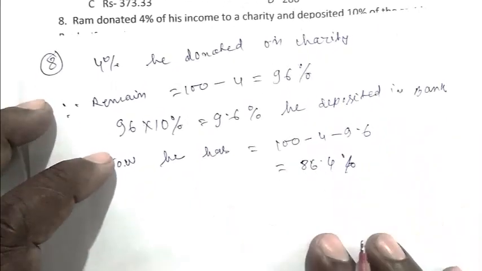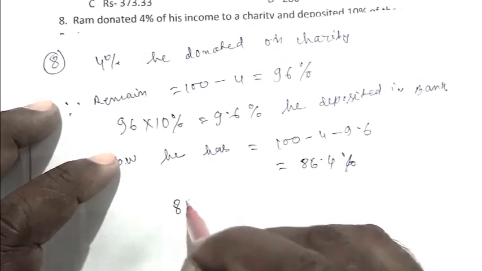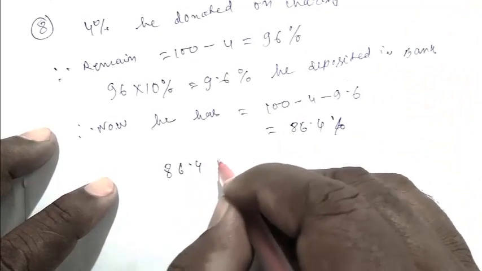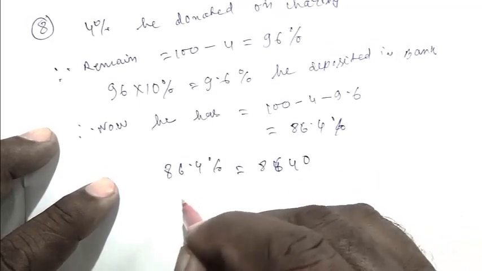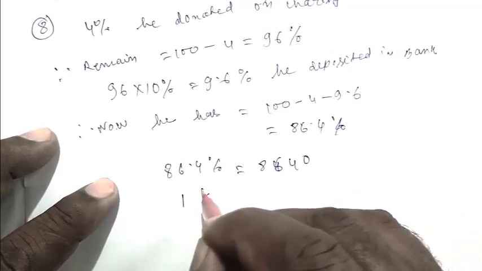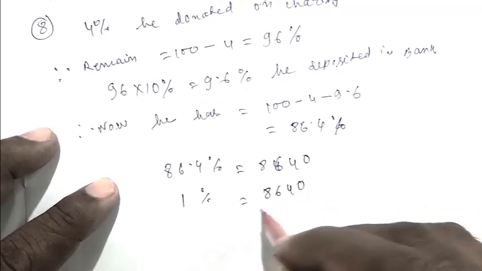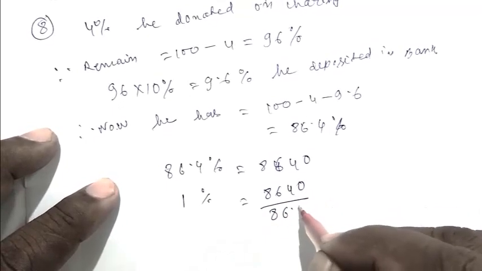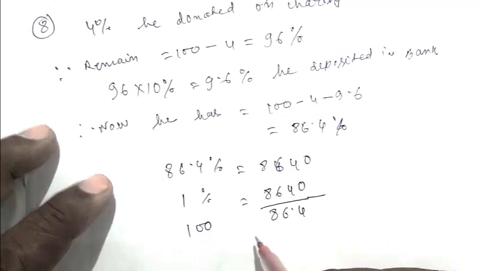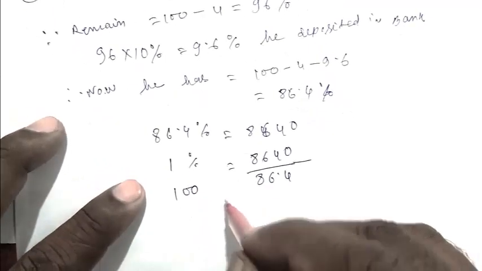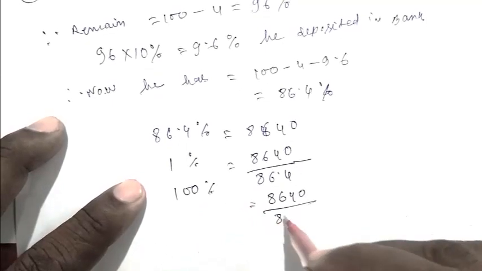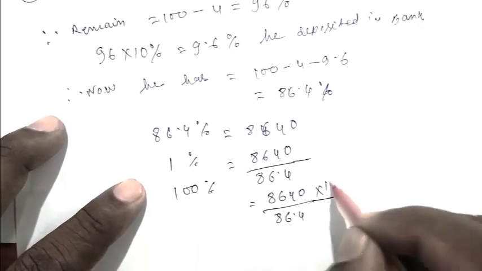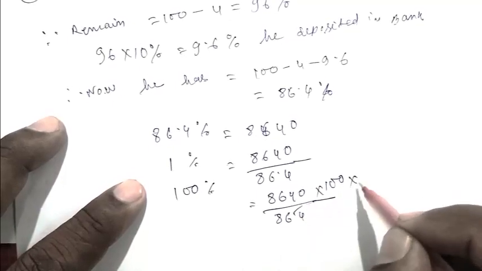So according to the question, 86.4% equals 8,640, 1% equals 8,640 by 86.4 and 100% equals 8,640 by 86.4 into 100.